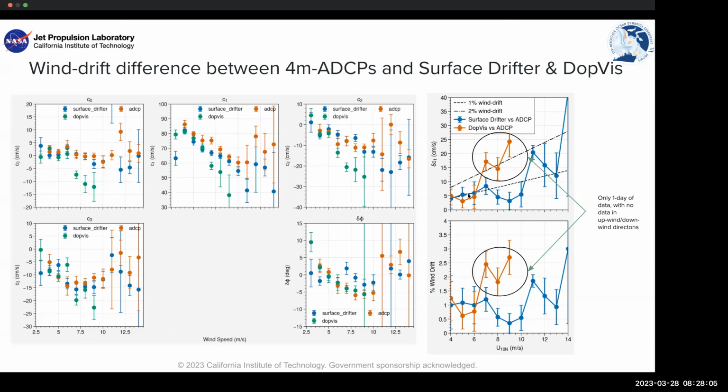And we subtracted it from the data and tried to reference everything to 4-meter depths. Of course, the shear is not as simple as a straight 1% wind drift, so we expect to see some dispersion as we go away from that. But you see that the difference is not insubstantial, it can be tens of centimeters per second. So we had better subtract it if we want to get something consistent.